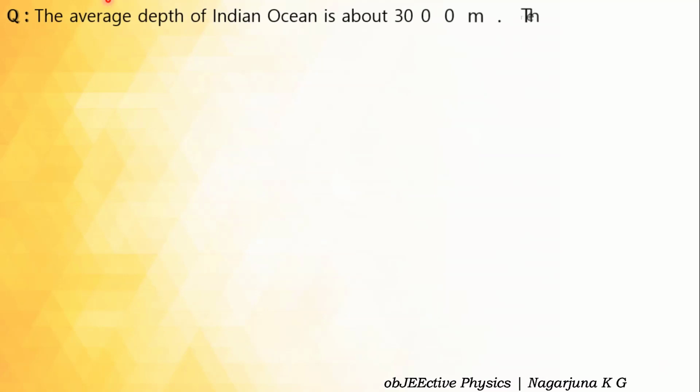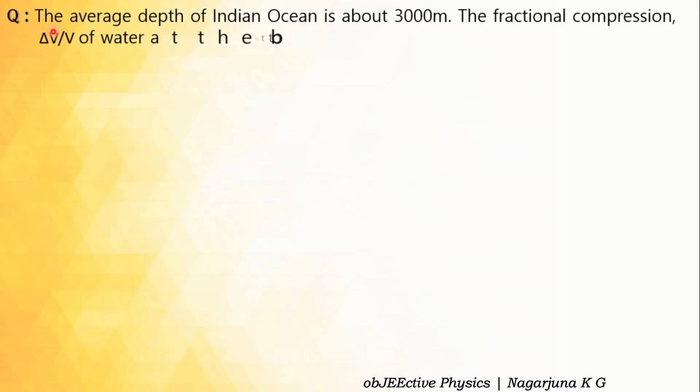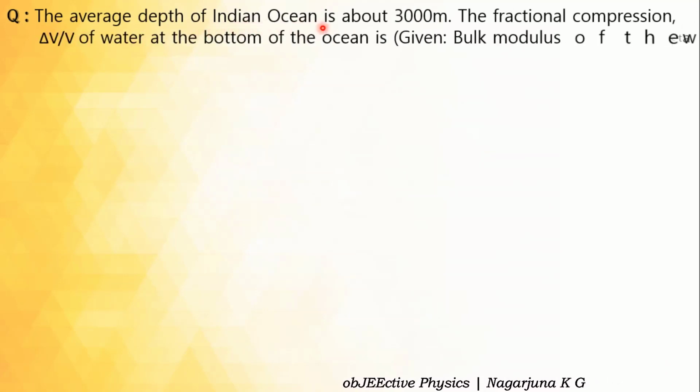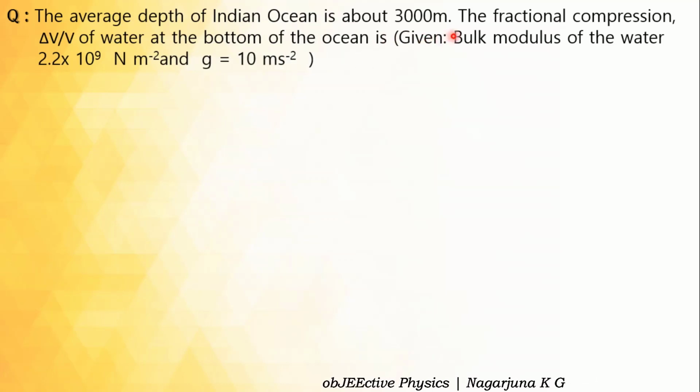Question. The average depth of Indian Ocean is about 3000 meter. The fractional compression delta V by V of water at the bottom of the ocean is given.